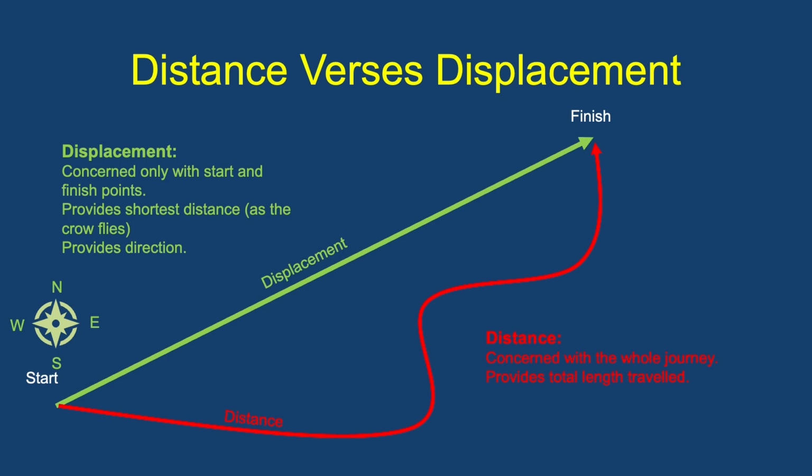So there is some distance that you have travelled to get from your bed to that desk. The distance that you have travelled is guaranteed to be greater than the displacement that you have travelled today. So distance is that total length of path that you have travelled.